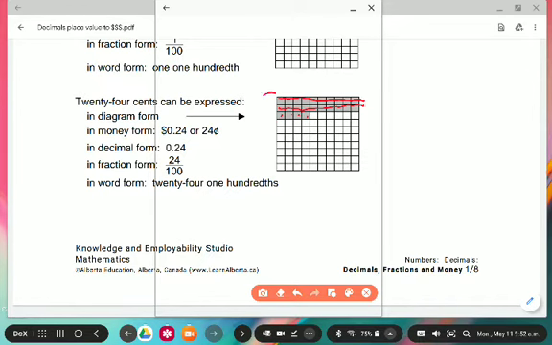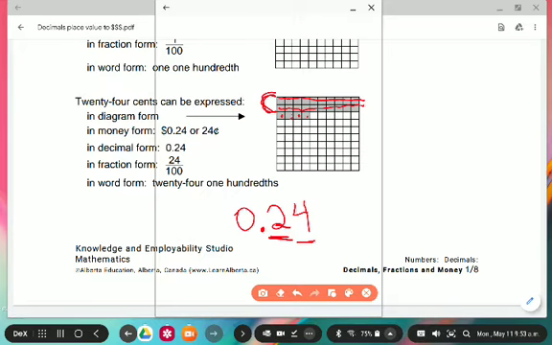So we've got 2/10 right here, which would be in our 10th section, right after the decimal point. And we've got 1, 2, 3, 4, 4 lonely 4s in our 100th section right over here.